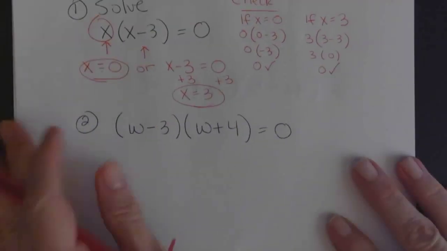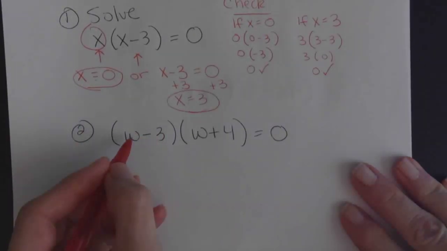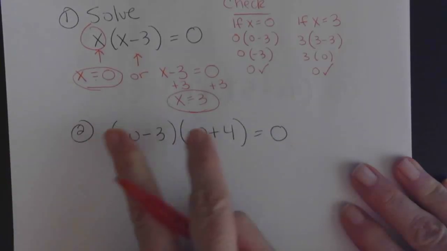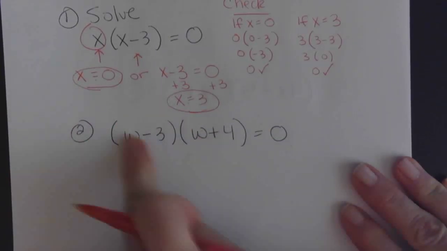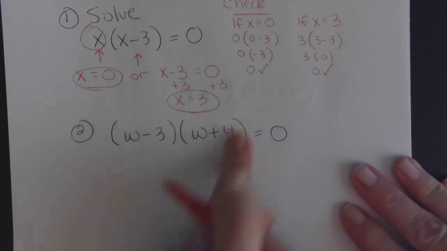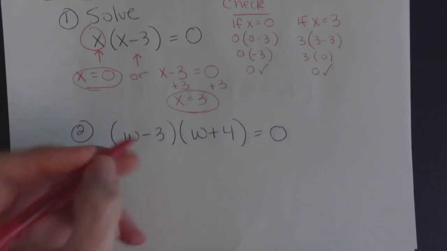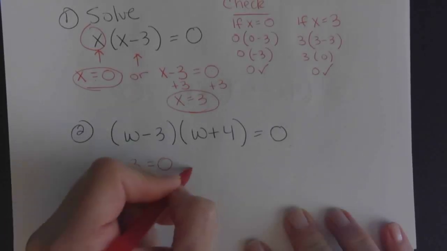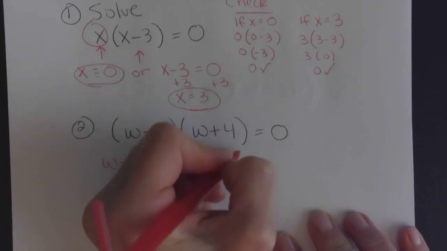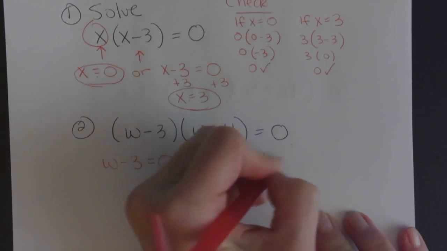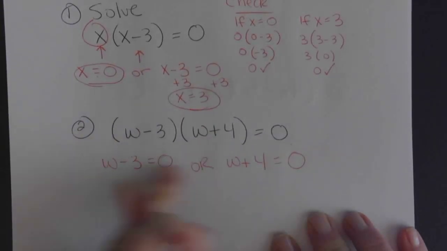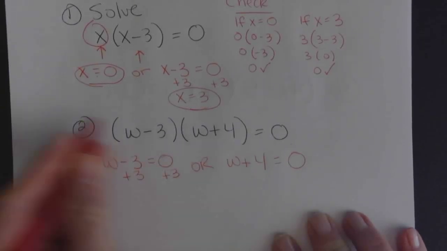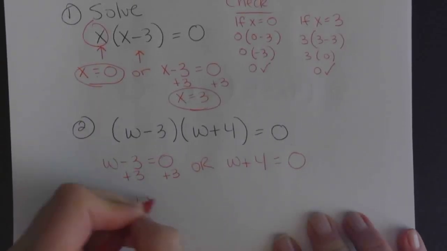So let's go to the next one. We're going to solve for w. So we have w minus 3 times w plus 4 equals 0 when you multiply them. So this has to be 0 or this has to be 0. So let's set w minus 3 equals 0 or w plus 4 equals 0. Then solve for w. Here we add 3, and you don't have to write that.